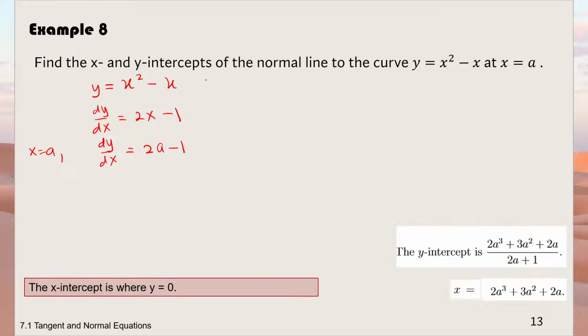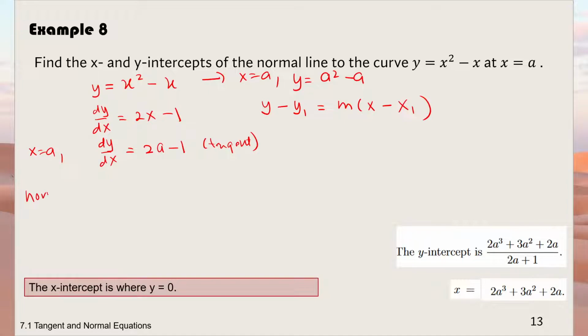And when my x equals a, my y actually is a squared minus a. So y minus y1 equals m times (x minus x1). Forgotten, this one is for the tangent, and the question is saying normal.